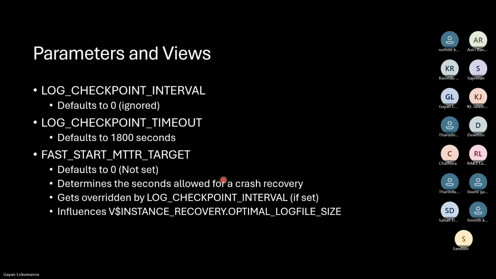Why? Because during each log switch, a checkpoint is going to occur. The checkpoint will write the dirty buffers to the disk. So if you want a very low MTTR target value, or less instance recovery time, then definitely our log file size has to be small.